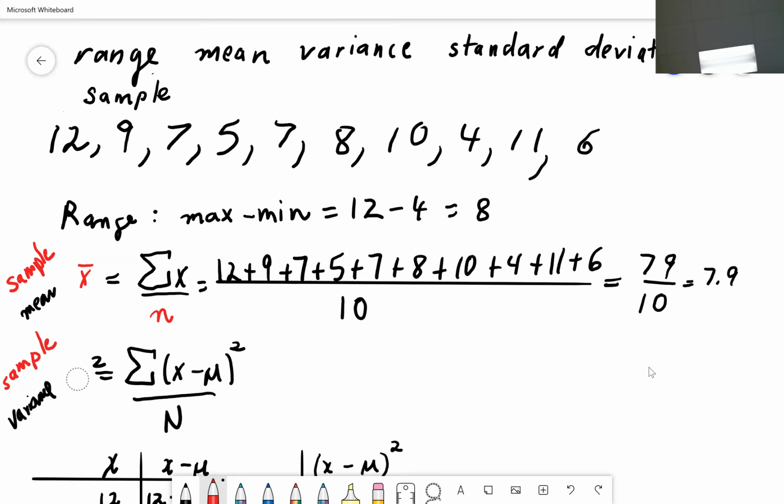We use S. So S squared equals the sum of X minus, not mu, but minus X bar, and then divided by n minus 1. This is our formula. The only thing that's changed between the population variance and the sample variance is that we subtract 1 from n.